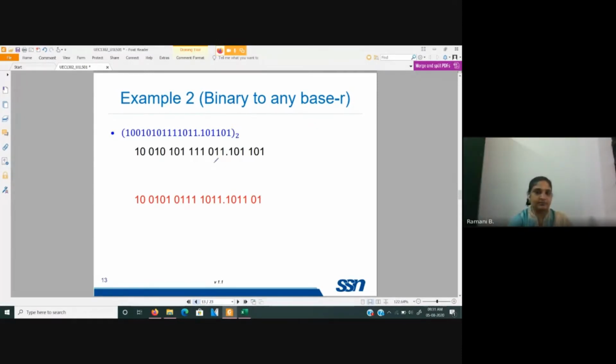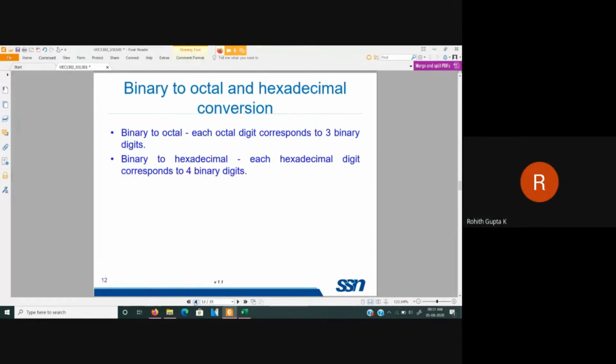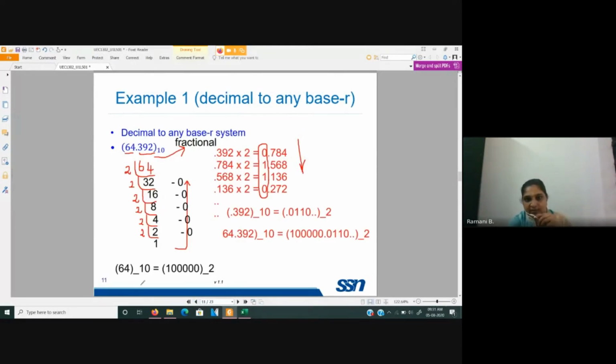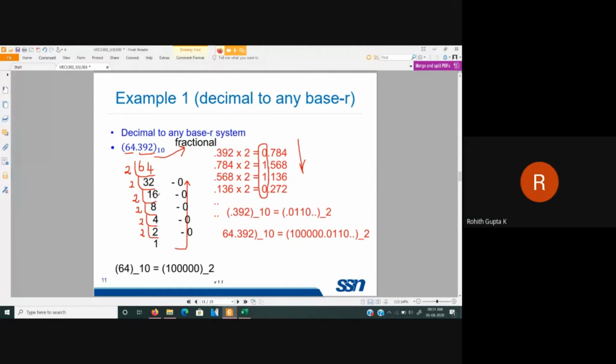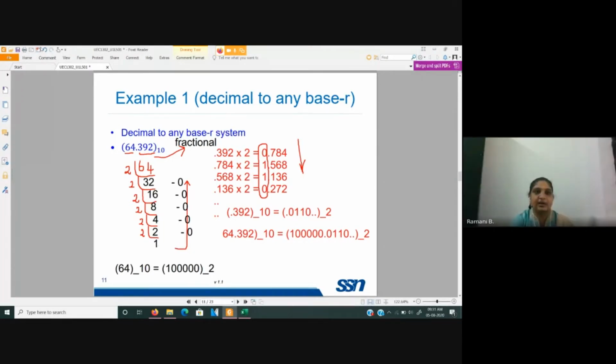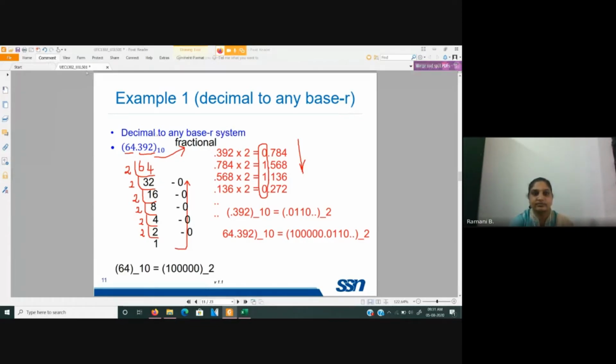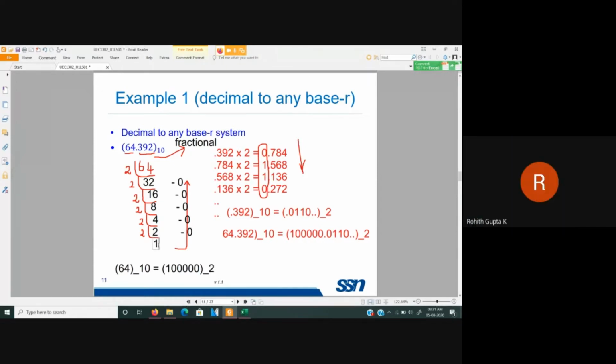Ma'am, in the previous sum, 64, shouldn't it be 1 followed by 6 zeros? Did I leave out somewhere? Any mistake? No, it should be 1 followed by 6 zeros. Yeah, here I left out the remainder, in the first case only.